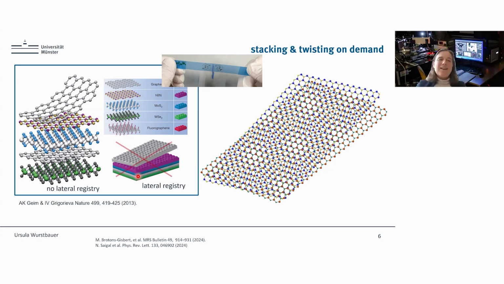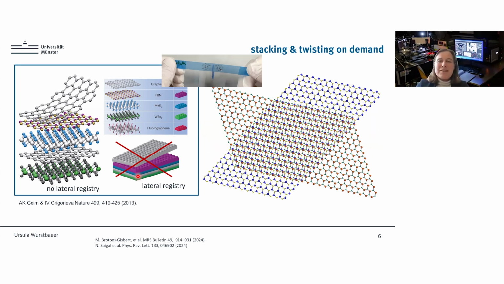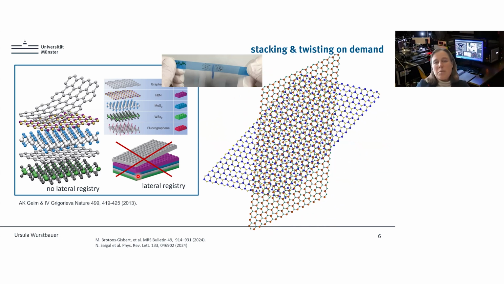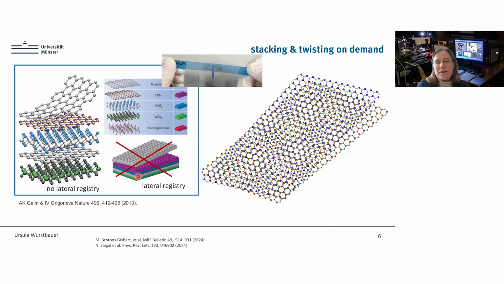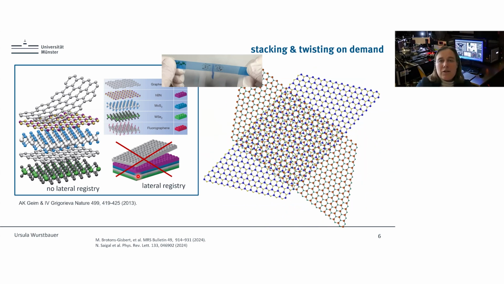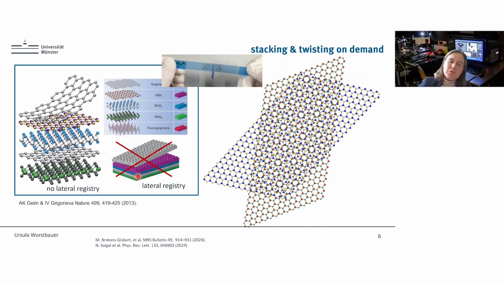Meanwhile, it's known we can do much more, not only stacking and combining them in an arbitrary fashion. We can also rotate the structures. As you can see here, by this rotation we get a superimposed, highly periodic structure called a moiré structure, which also gives us a lot of new properties, from confined exciton physics towards correlation in minibands.